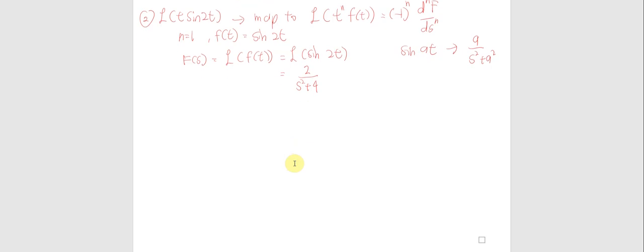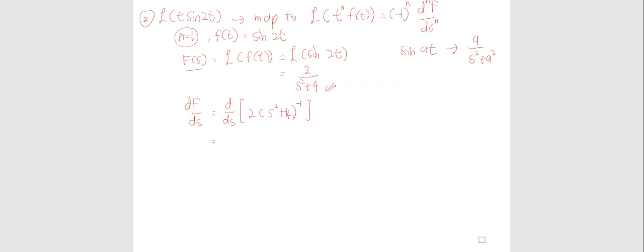Since we have n equals 1 here, we need to differentiate one time only. So do the first differentiation. This is your F(s). So dF over ds is equal to d over ds of 2(s² + 4)^(-1).